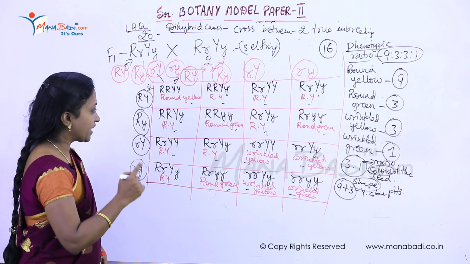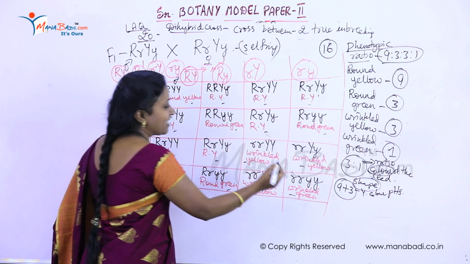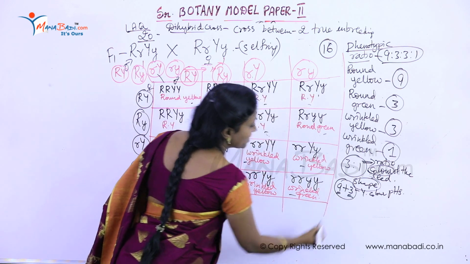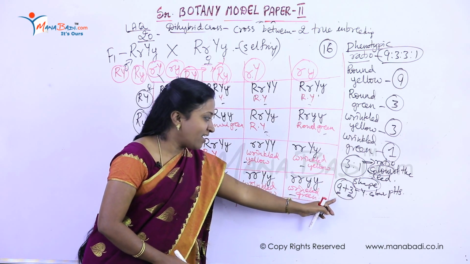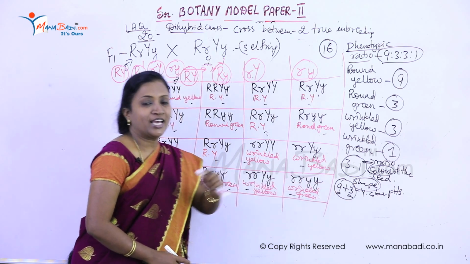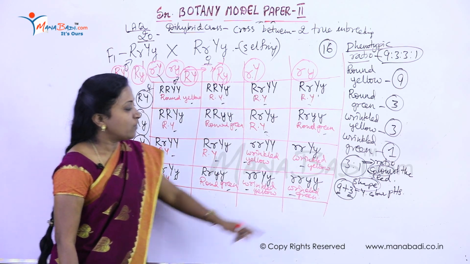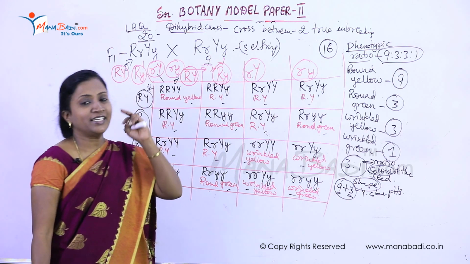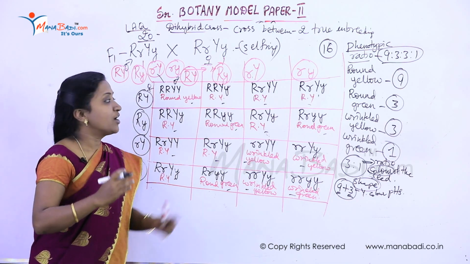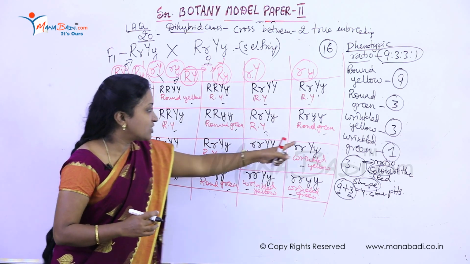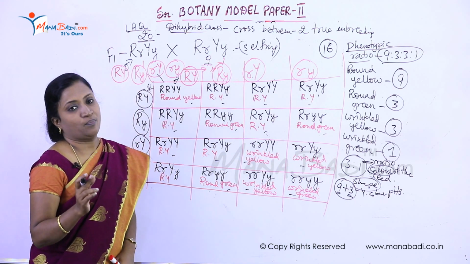Why did I write 9 plus 3 here? Out of these, 9 are round and yellow, whereas 3 are wrinkled yellow. That's why I have separated them.